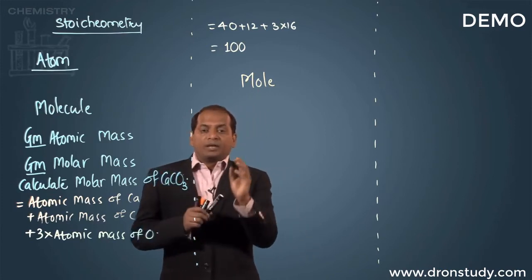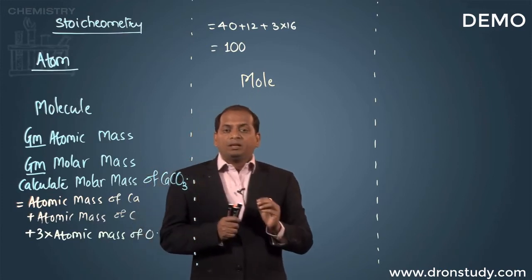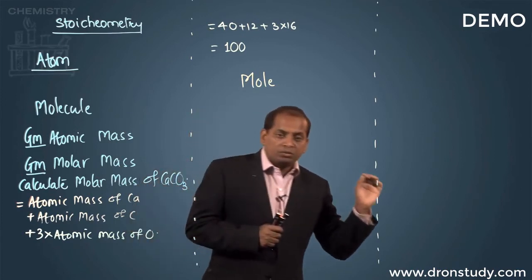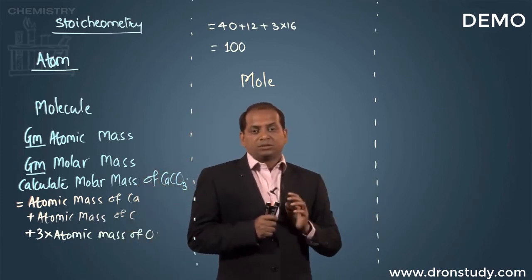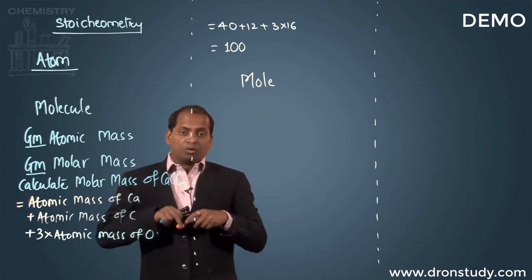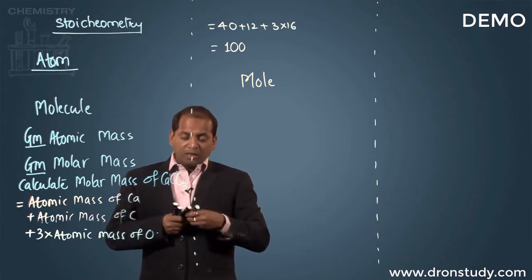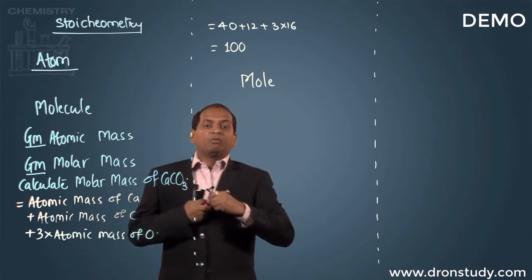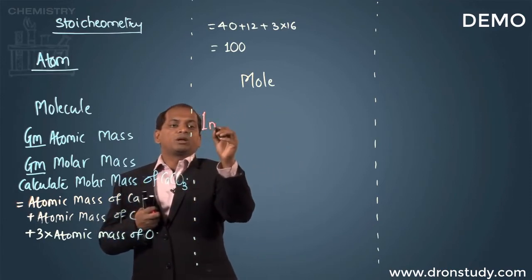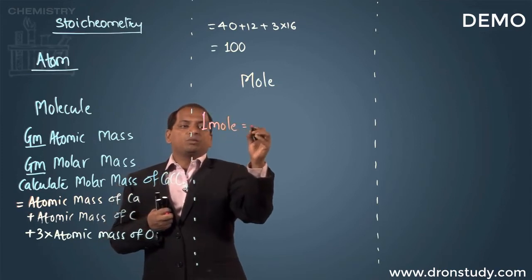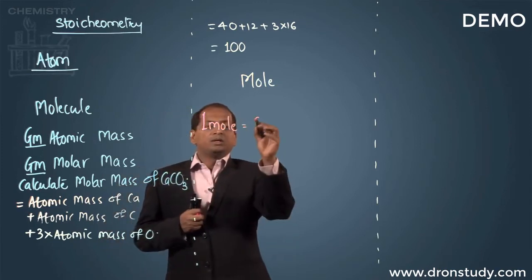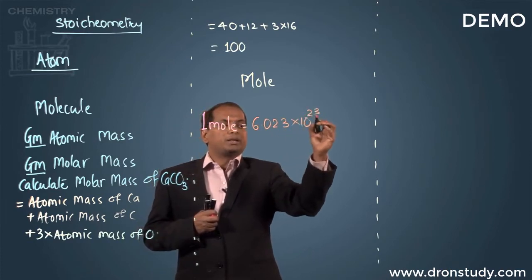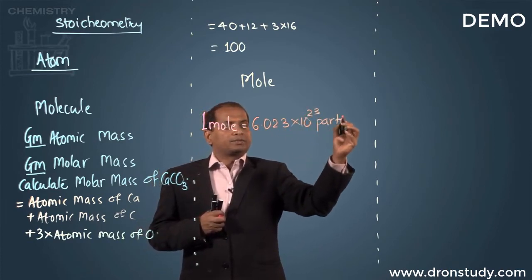It is a unit to determine the quantity of molecules and atoms. According to Avogadro, who defined it, 1 mole is equal to 6.023 into 10 raised to 23 particles.